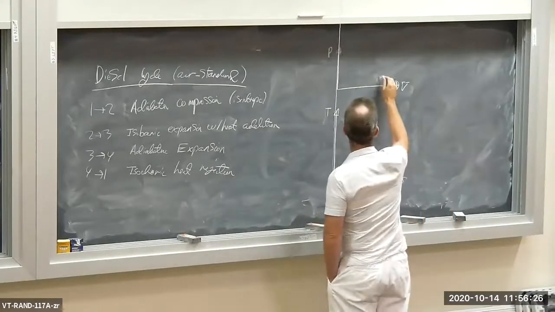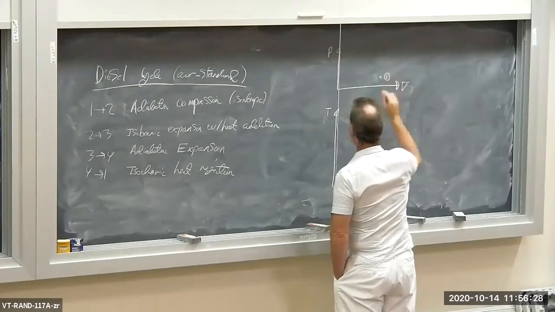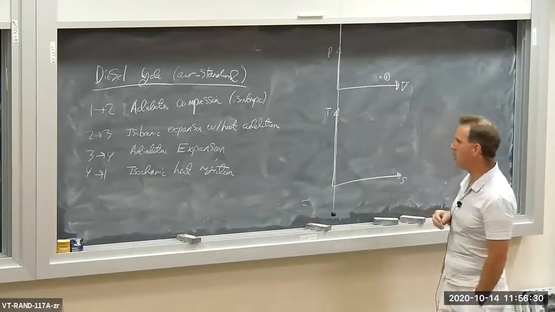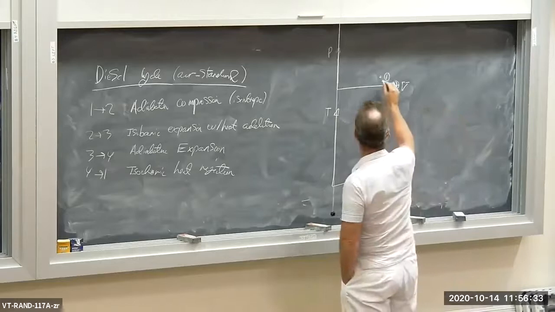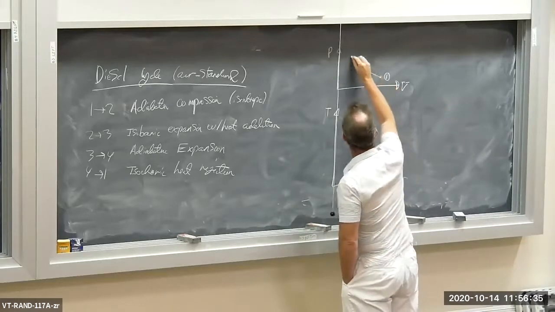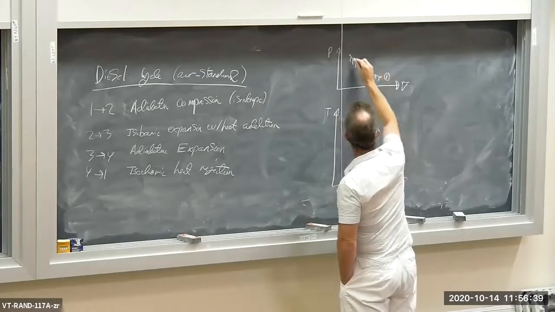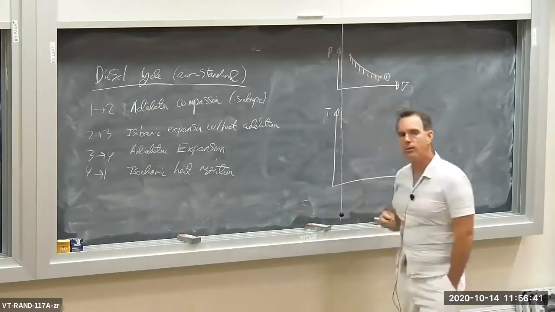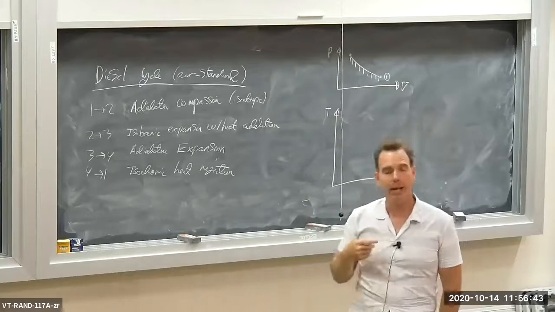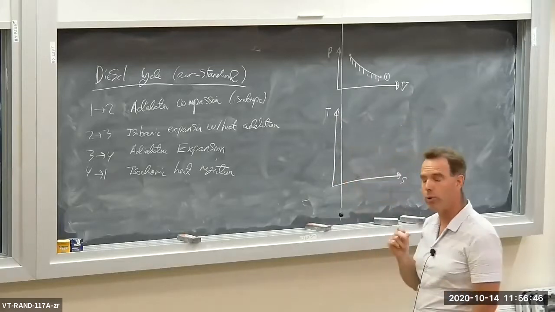State 1 is the highest volume state, and we're going to adiabatically compress the air. Remember, in the diesel cycle, we don't have an air-fuel mixture pre-mixed and ready to burn.